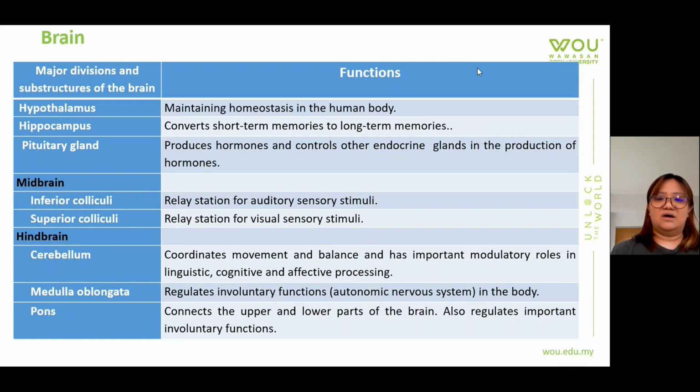All these are mostly responsible for our involuntary functions, more related to the ANS, the autonomic nervous system processes. So please remember, any injuries that happen in particular parts of these will affect our bodily function. Okay, so these are the brain parts.